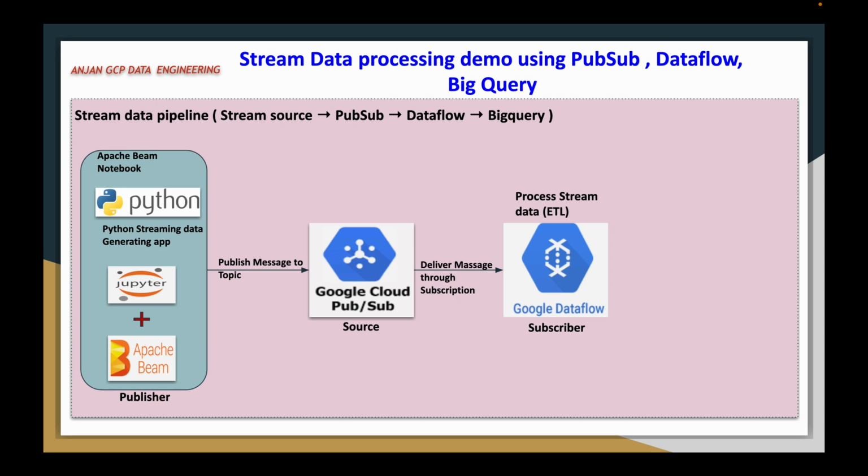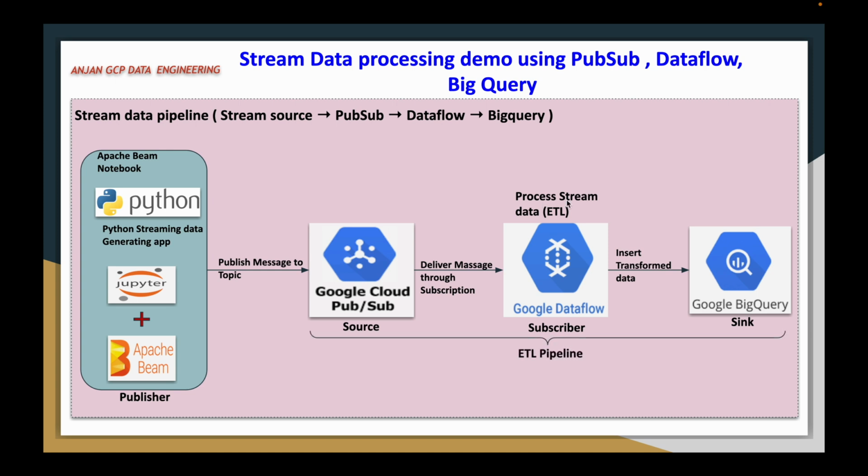In this demo we are going to use the fixed windows concept. We'll read stream data from the PubSub topic, count the number of elements per window, and then write the data into a BigQuery table. So this whole thing is a pipeline.